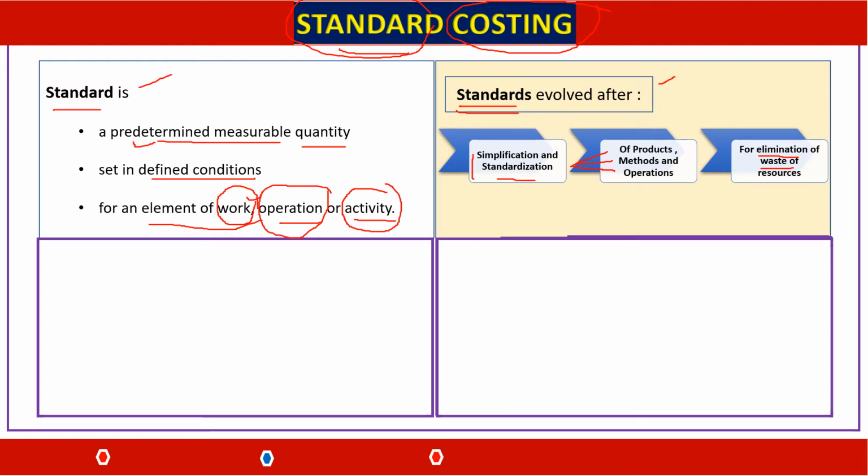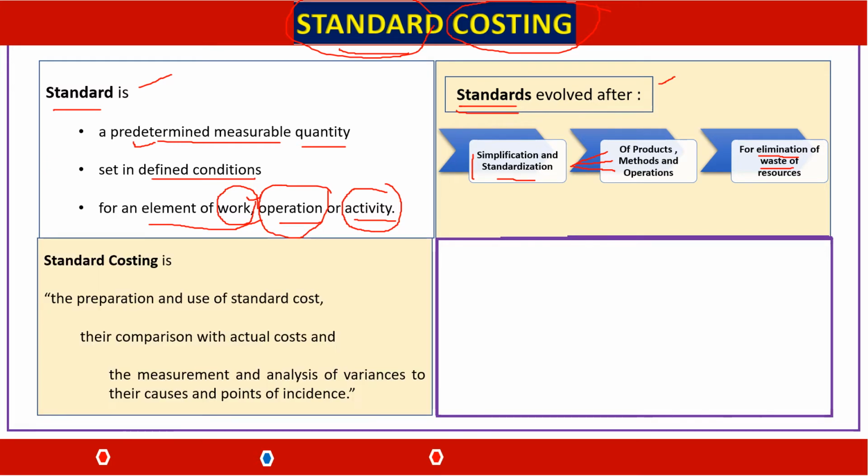Now coming to standard costing, we are talking of costing. What is standard costing? It is a multi-layered process. Broadly, it involves preparation and use of standard cost, comparison with the actual cost, and measurement and analysis of what is the difference between the two and what are the reasons for the same.